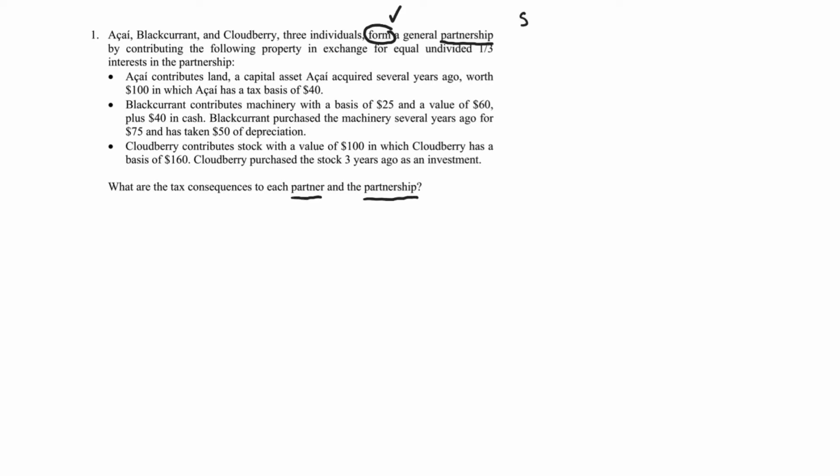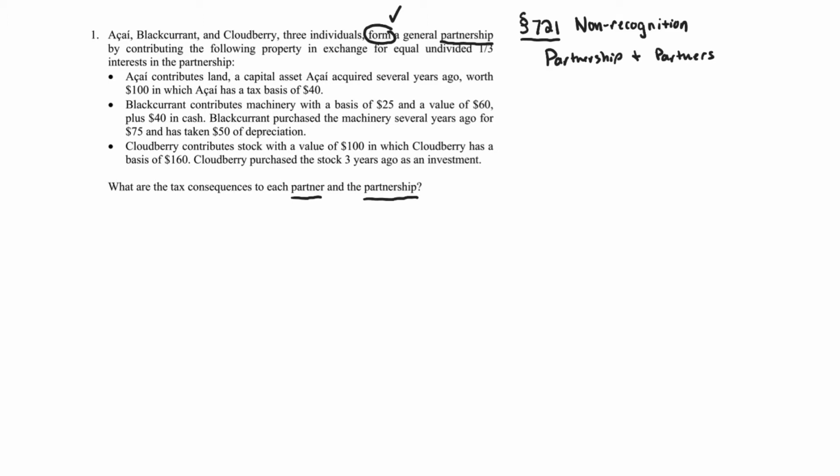Now, the first rule to note, remember that the rules for partnership taxation are found in Subchapter K, which is the 700s of the Internal Revenue Code. So section 721 is a non-recognition rule. Just like you have like-kind exchange non-recognition rules, involuntary conversion, we have a non-recognition rule for partnership and partners. So this applies to both the partnership and the partners.